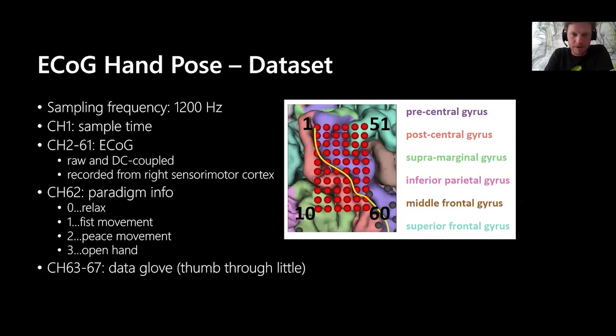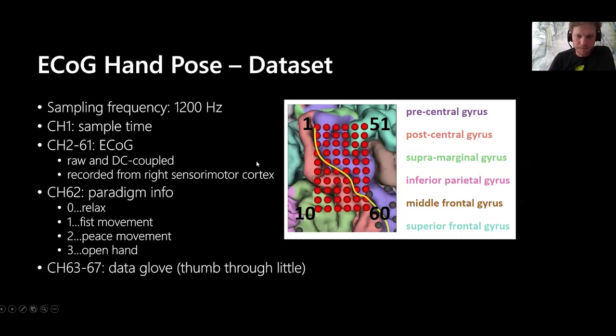What's very interesting when you process invasive data sets is that in the range above 50 hertz, there is the gamma and even high gamma range. And this is a very, very robust and reliable biomarker for behavioral or cognitive tasks. So when you move your hand and you capture signals from the motor cortex, you can be sure that you will see very strong high gamma there.